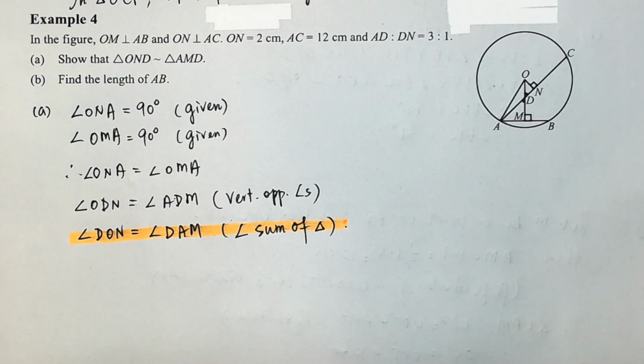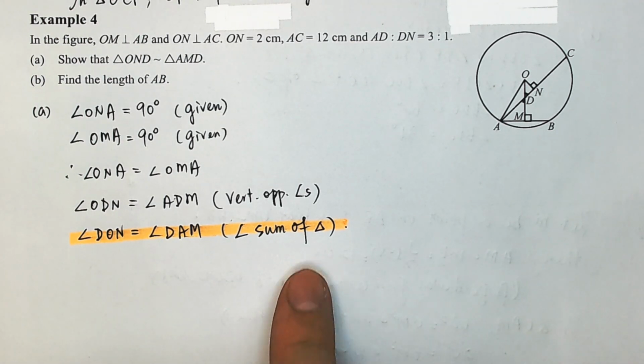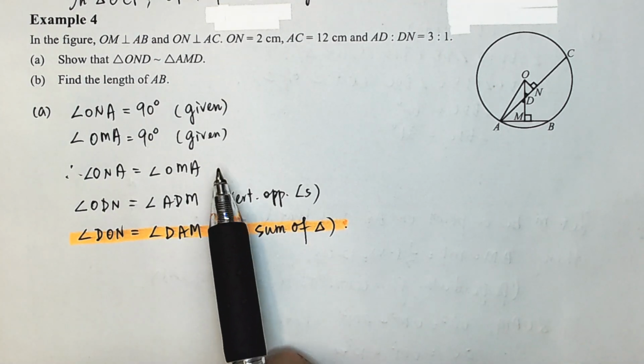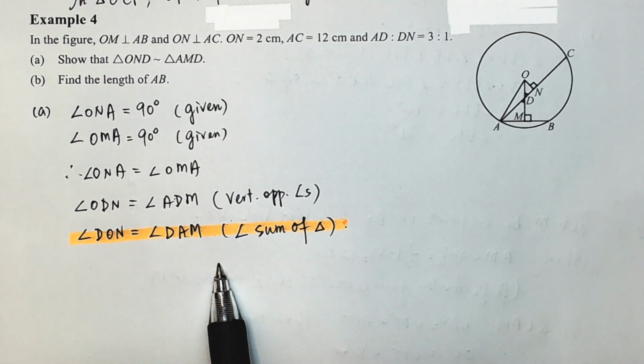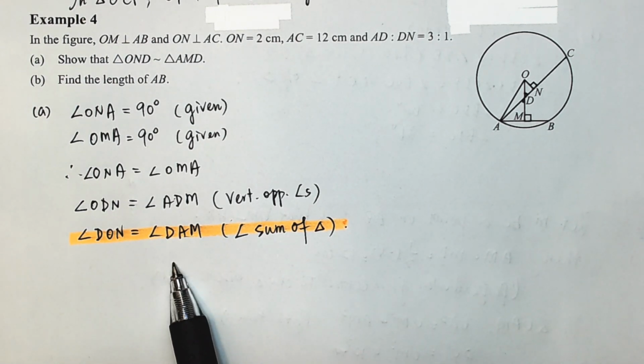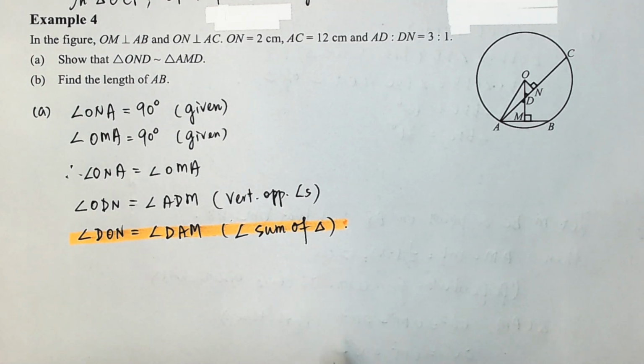But later on, you can omit this step. In the proof, when you include 2 pairs of angles equal, then automatically, based on the angle sum of triangle, you will have the remaining angles being the same. So this line is a little bit informal, but later on you can just omit it in your public exam. You're allowed to use it here like this.